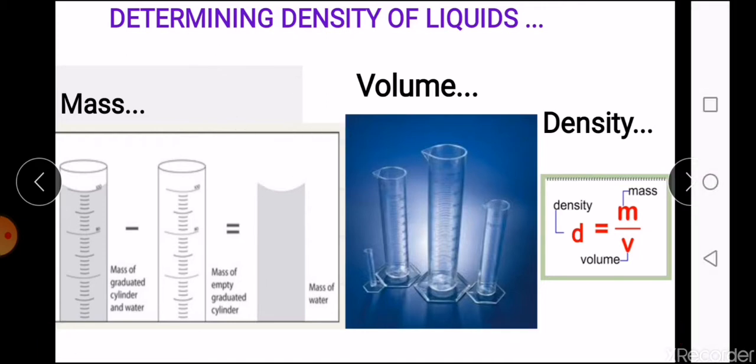Now after this, whatever liquid you want to find the density of, you want to take it in this measuring cylinder or whatever container, right? For that, first you want to know how much volume you should take. So for finding the volume, you will use a measuring cylinder.